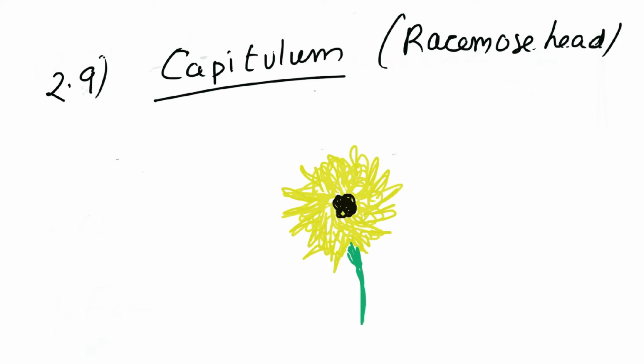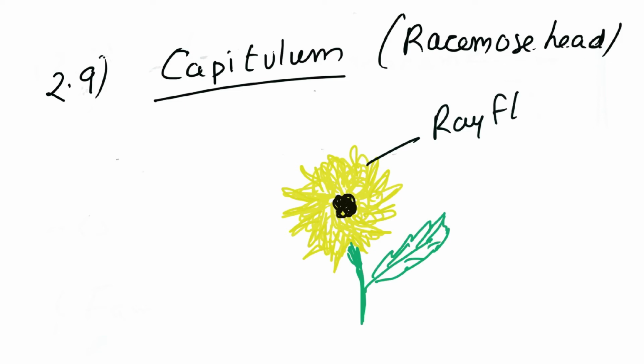As already mentioned, a notable example of this type of inflorescence is the sunflower, that is Helianthus annuus. And as we can see, there are very well developed flower parts, that is the ray florets on the periphery. They are well developed.